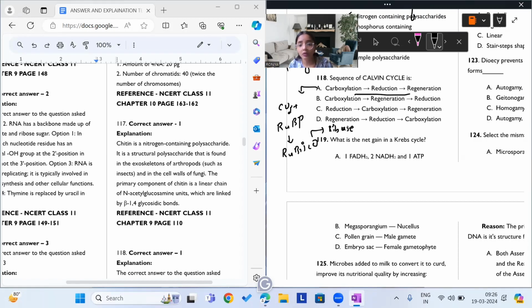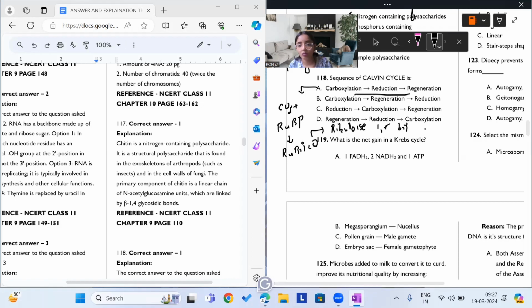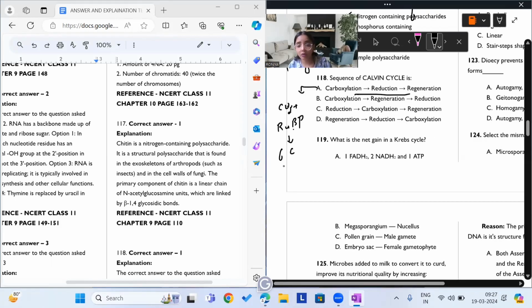Okay. So carbon dioxide combines with RuBP in presence of Rubisco to form an unstable 6-carbon compound.